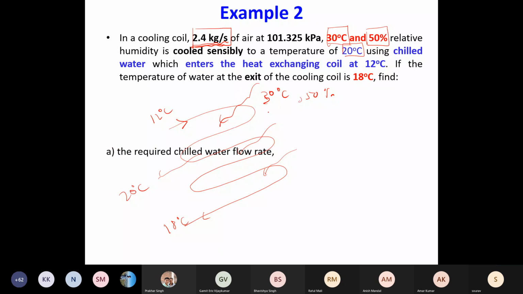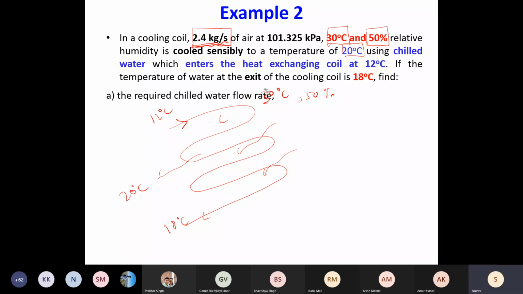Okay. So what is asked is the required chilled water flow rate. What should be the flow rate of water through this cooling coil so that you can achieve this process? It's again quite simple. You obtain the net heat transfer from the air side. Air side, you can look into the psychrometry chart. This is your, let's say, 30 degrees, 50% RH.